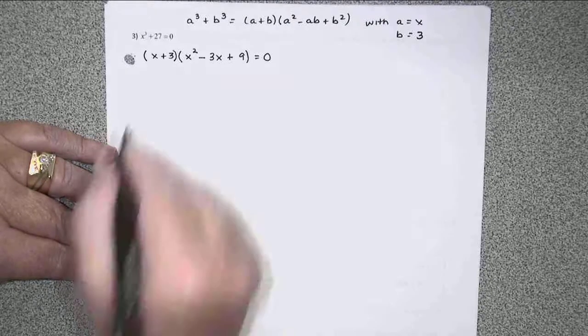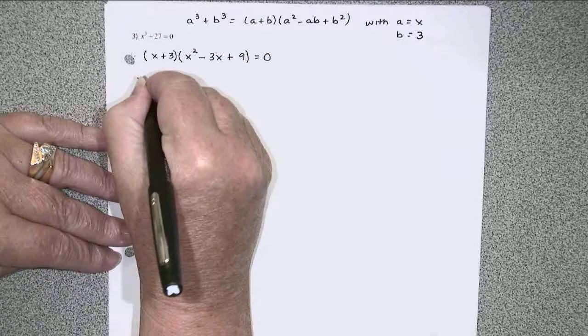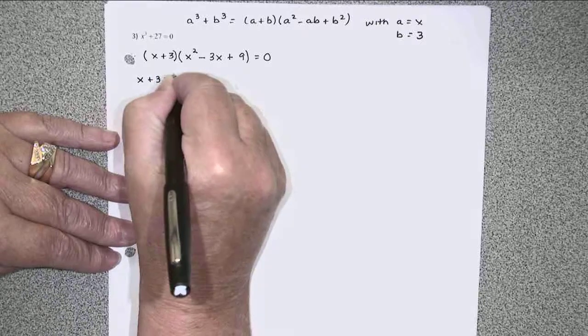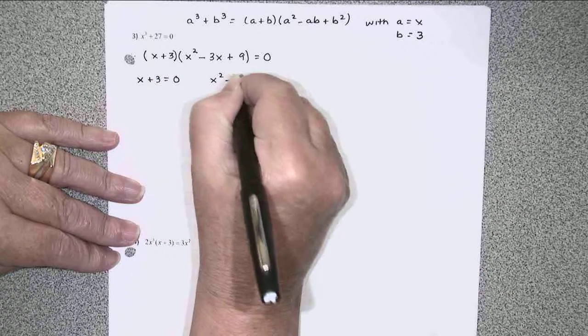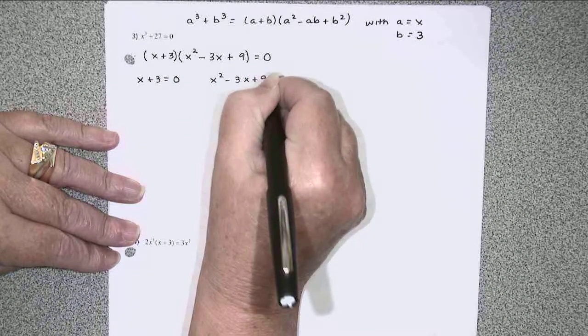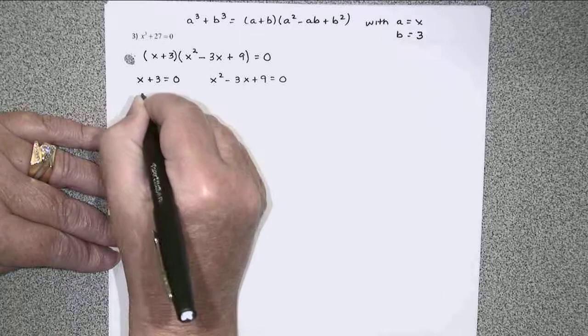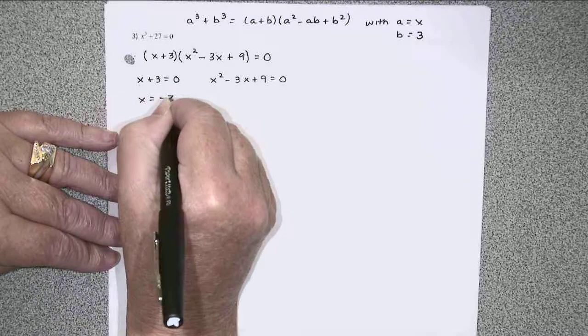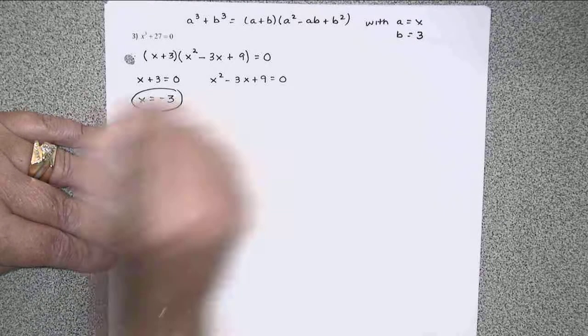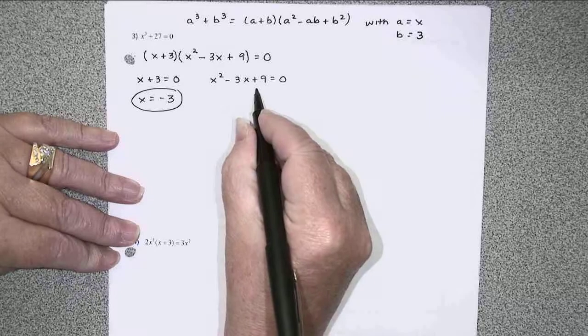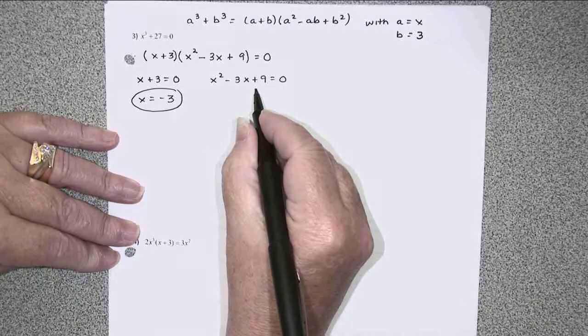All right, we follow our typical rule here. If the product is equal to 0, we can set the factors separately equal to 0. And this one gives us a solution right away. X equals negative 3. This one, however, requires a little bit of work.